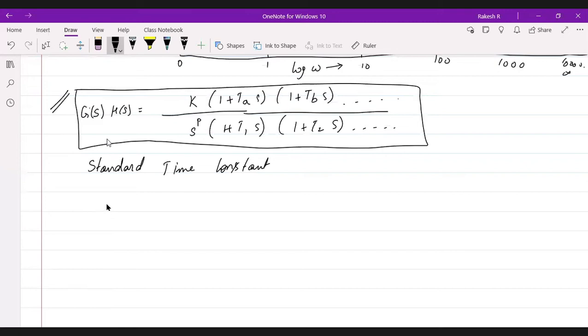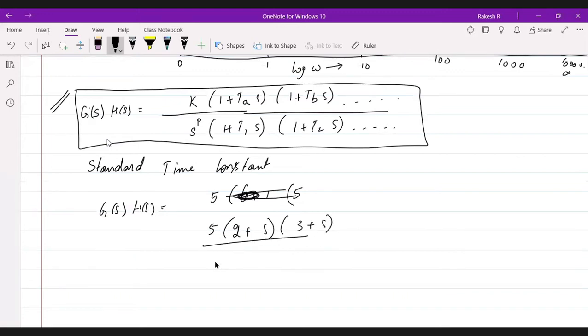Let us take one example. g of s into h of s is given by 5 into 2 plus s into 3 plus s divided by s into 1 plus 5s, like that he has given. You need to compare this with the standard form.